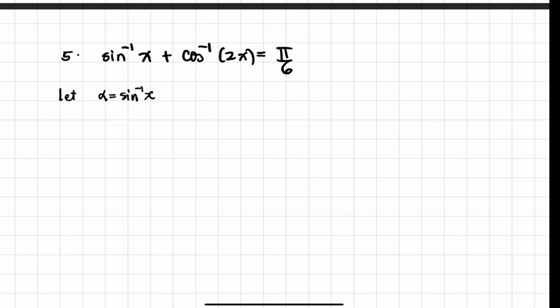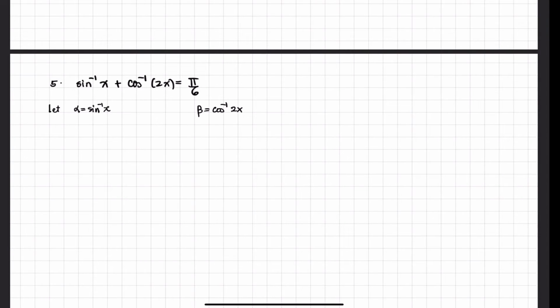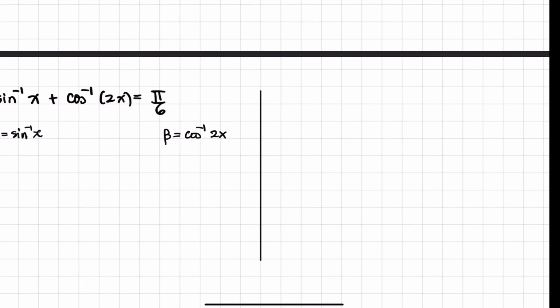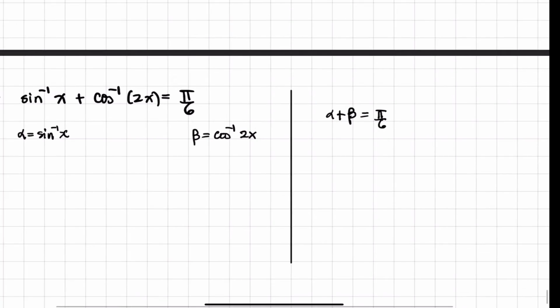Tapos, yung beta natin, cosine inverse 2x. So, yung trig equation natin, this one becomes alpha plus beta equal to pi over 6. So, mga angle yan. Pwede mong gawin, you can take sine of both sides, cosine of both sides, depende sa kung ano yung gusto ninyo. Pero ako mas gusto ko sine.